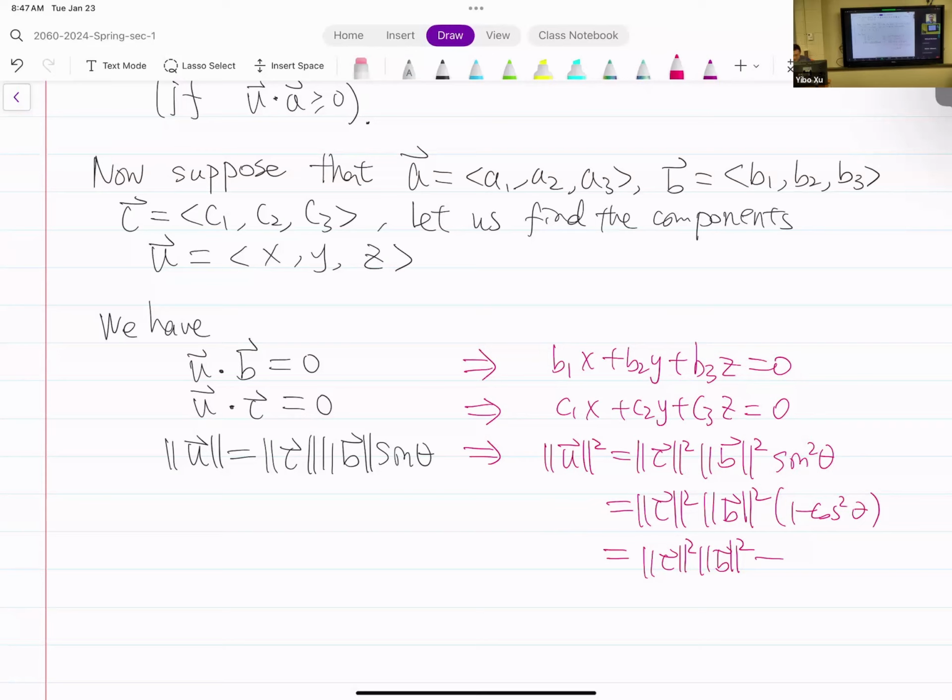And so we can put them together in a single bracket: the magnitude of c, the magnitude of b, and cosine theta, whole thing squared, right? Now within this parenthesis, that's nice. That's just b dot c. So this is the magnitude of c squared, magnitude of b squared, minus b dot c, whole thing squared. Or c dot b, whole thing squared.